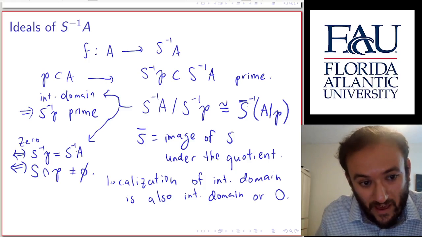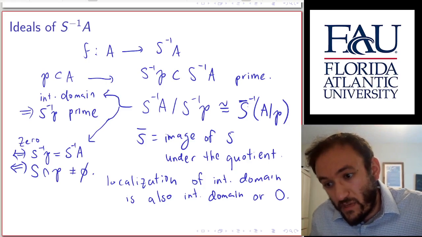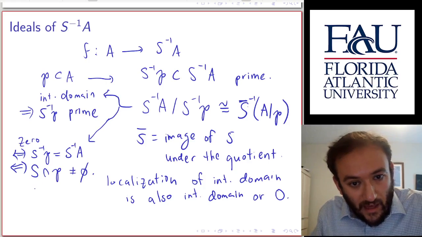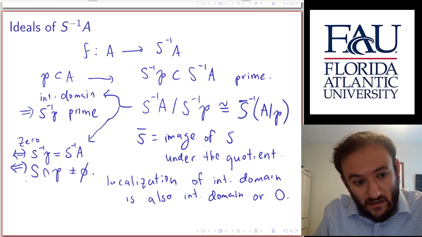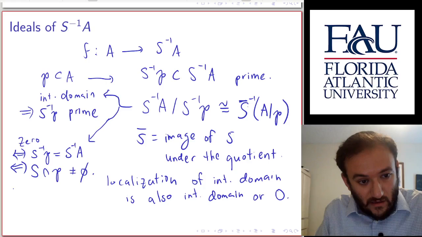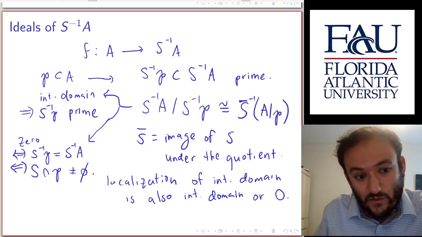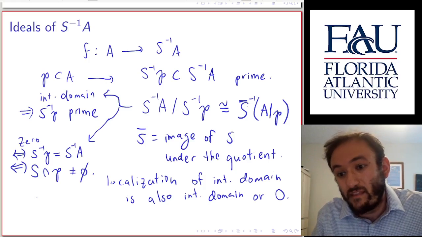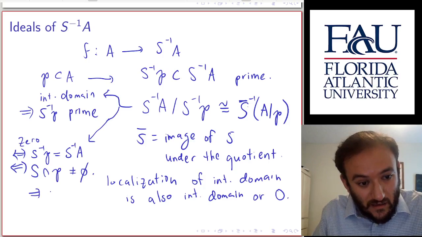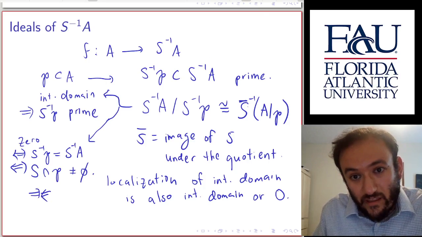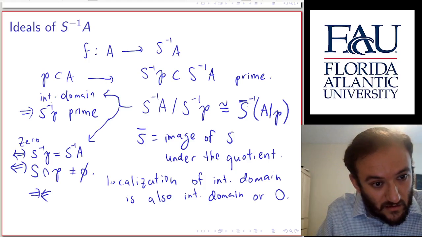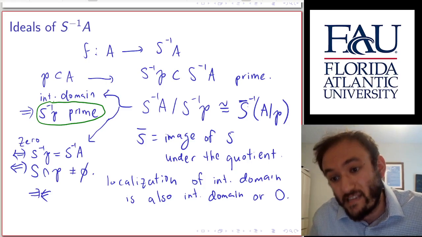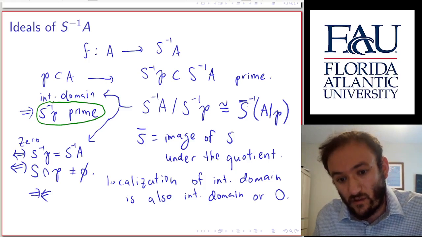If you have 1 in S inverse P, that means you're able to invert something in the prime ideal. But we know that S intersect P is empty, because we're only looking at primes that do not meet S. So that means we're left with the first option, specifically that when we pass to the localization, the image of the prime is also prime.